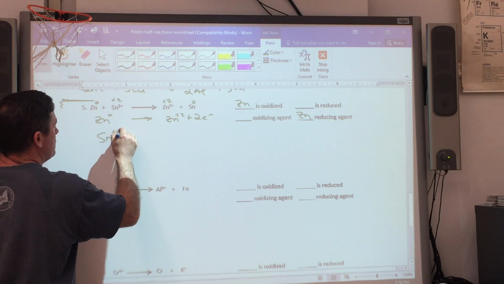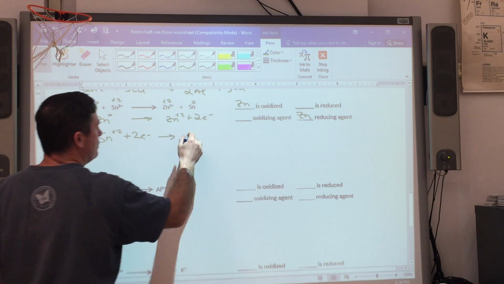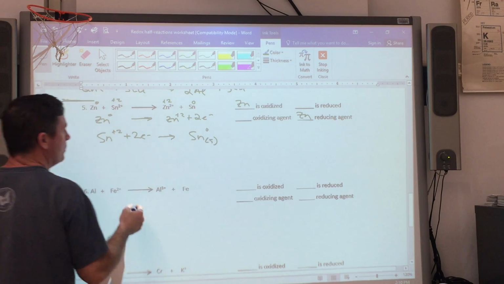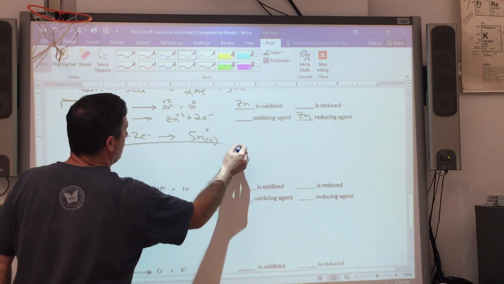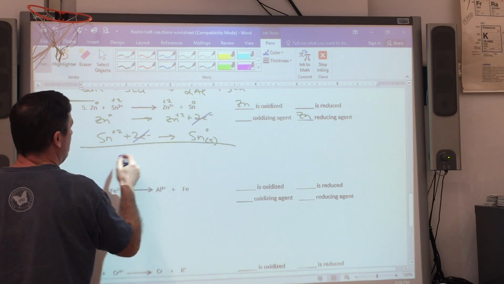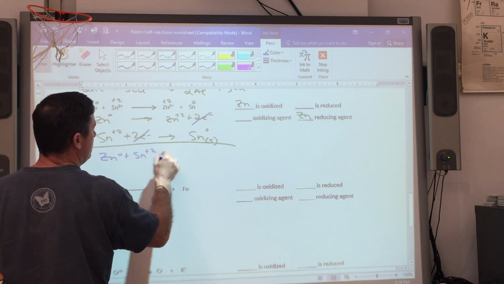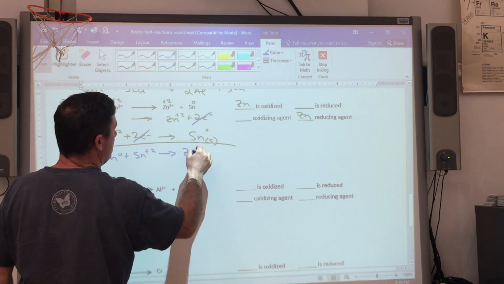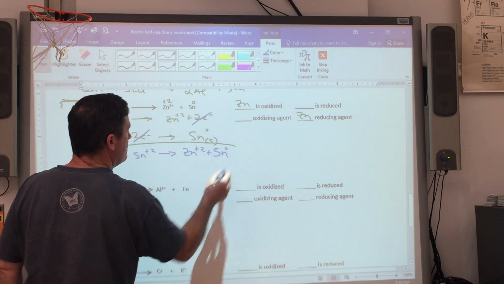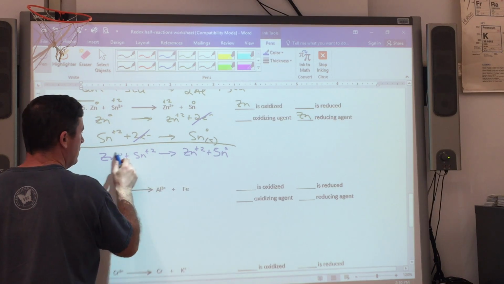Tin 2+, it's going to gain 2 electrons to form tin solid at a 0. Two electrons. Zinc 0 plus tin plus 2 yields zinc plus 2 plus tin 0. 1 zinc, 1 zinc, 1 tin, 1 tin.